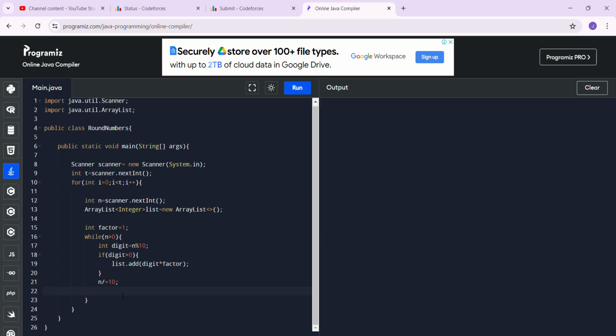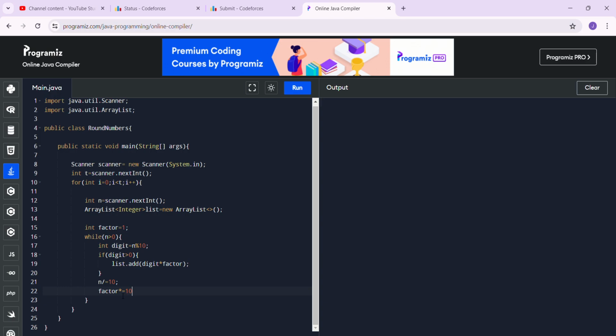Again we need to increase our factor by 10, because after moving every digit the place value is increased by 10: 9 was at the ones place, then 0 will be at the tens place, the other 0 at the hundreds place, the other 0 at the thousands place. Similarly the next coming digits will be increased by multiples of ten. Okay, cool. Now it is done.